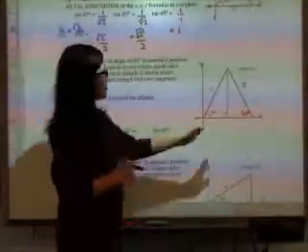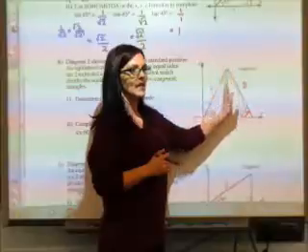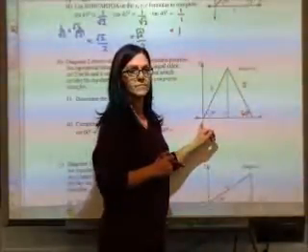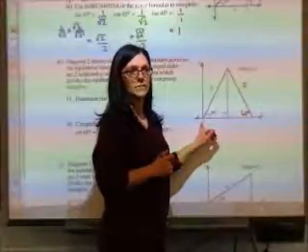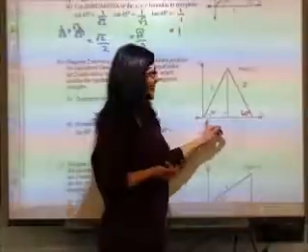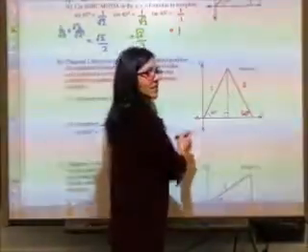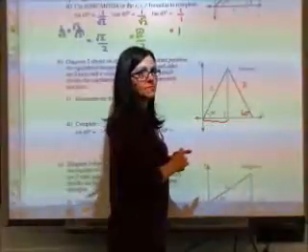So if I was to drop this altitude down, what does this line do to the base? What is it divided into? Into 2 equal pieces, which means if this entire length is equal to 2, this part here would be equal to 1.